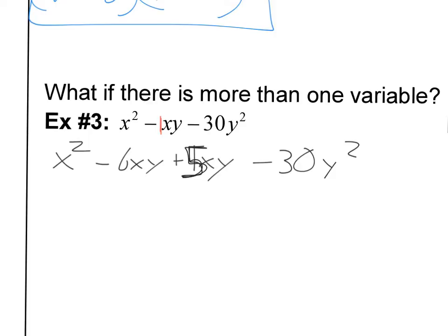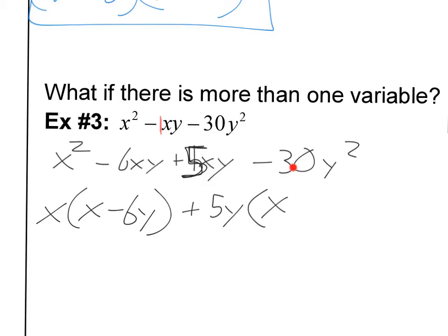And now we're going to look for the greatest common factor here. Well, that would be an x. So I take out an x and leaves me with x minus 6y. And the greatest common factor here would be a 5 and a y. So let's go ahead and take out a 5 and a y. That will leave me with x. -30 divided by 5 is going to be -6.